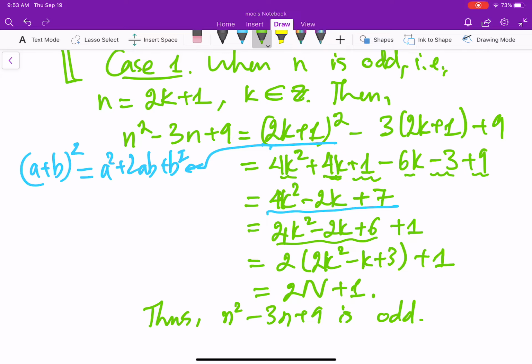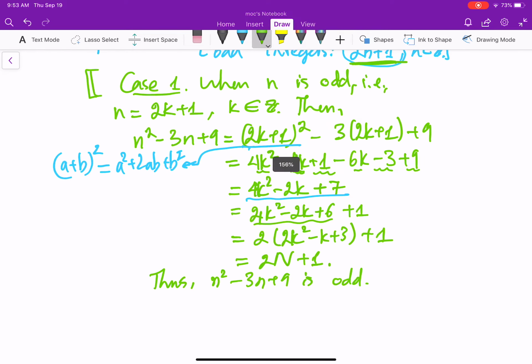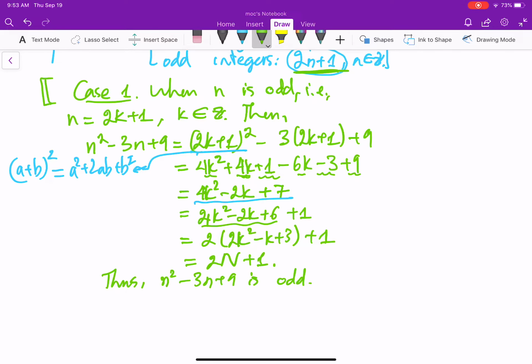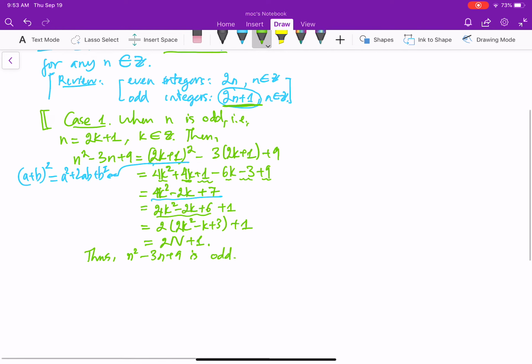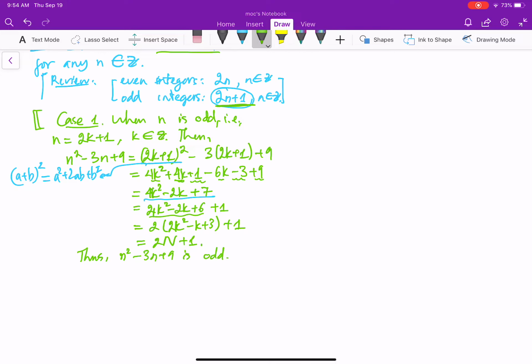This is a very long proof, but I just tried to write it in great detail. You might have a shorter one like this.